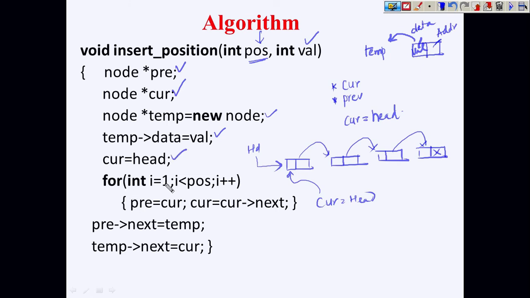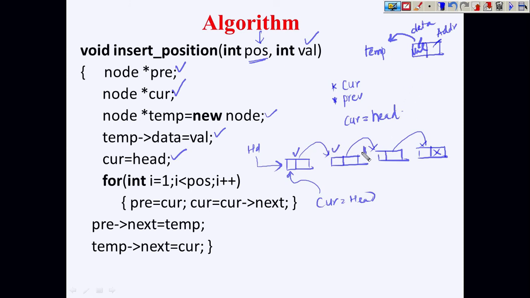Integer i equals 1 up to position. So if you want to insert after the second node, you have to make a loop that will go up to position. So i equals 1 up to less than position. Fine. So if you want to say that it has to be inserted at the third position, that means you have to go to the second, means you have to go here, and then this is to be shifted to the third position.